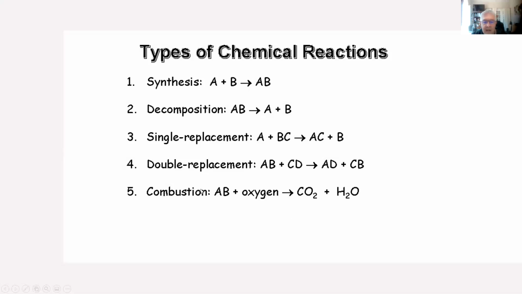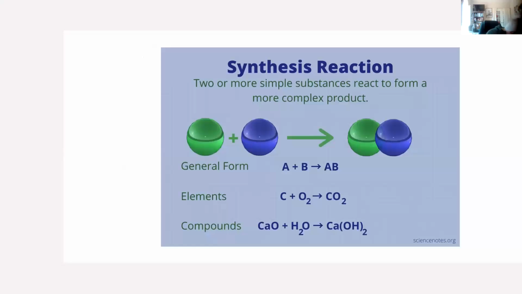In the case of metals, they only form the oxide of the metal. Sorry. So here you have a synthesis reaction or combination reaction. The general formula is A plus B produces AB. For elements, you have carbon combines with oxygen to produce carbon dioxide.